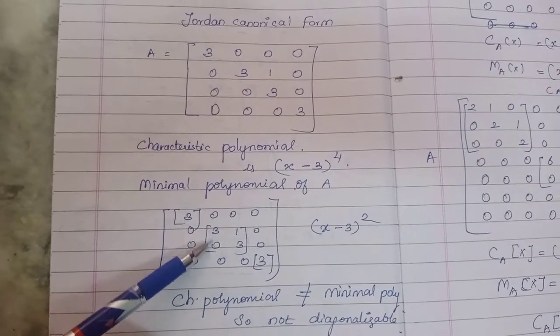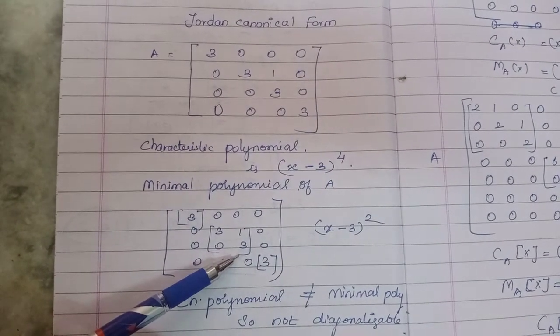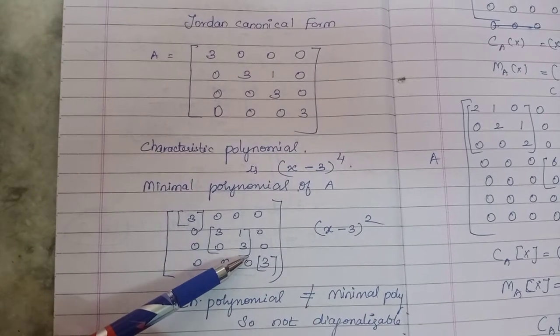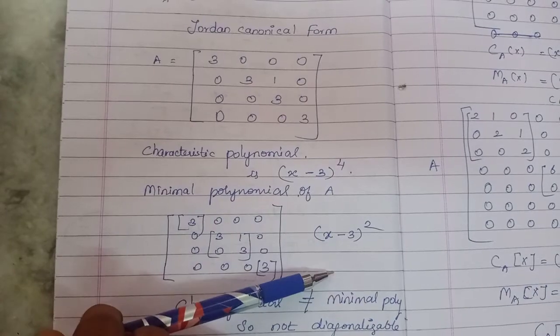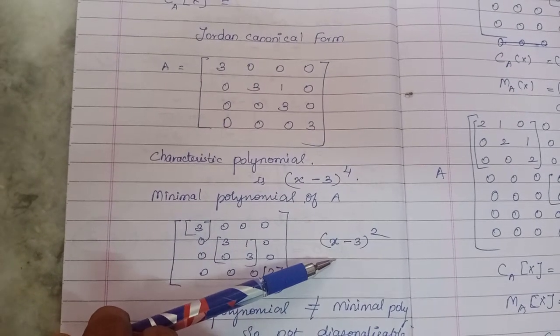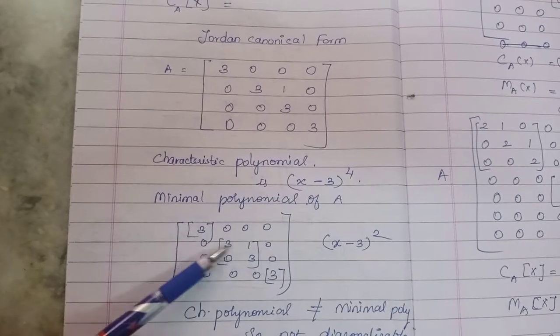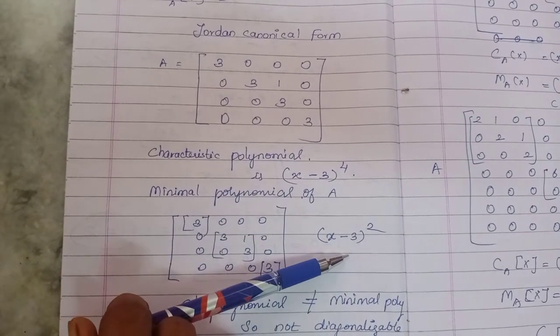Here this is the Jordan block and its size is 2. It's a 2 by 2 matrix, so the power of the minimal polynomial is 2. Once you find the Jordan canonical form of the matrix, you will get the minimal polynomial.